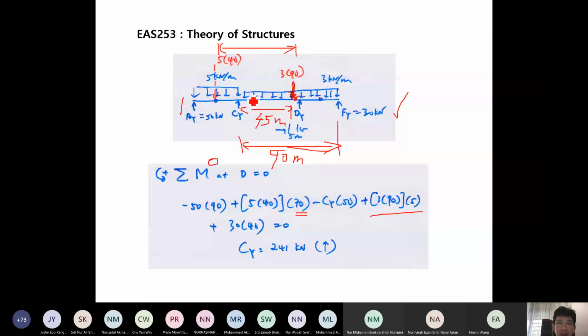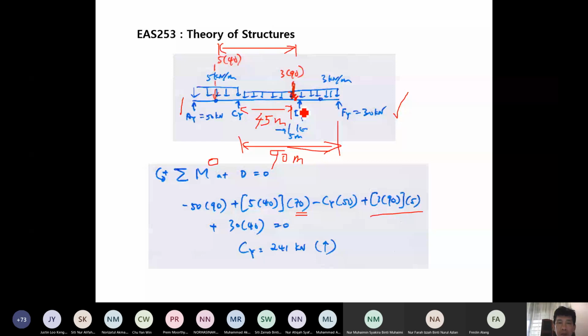And it is causing counterclockwise moment at D, that's why it's positive, because we consider counterclockwise as positive. And finally, this 30 at D, again causing counterclockwise moment at D, so 30 multiplied with 40. So we get the final terms here.